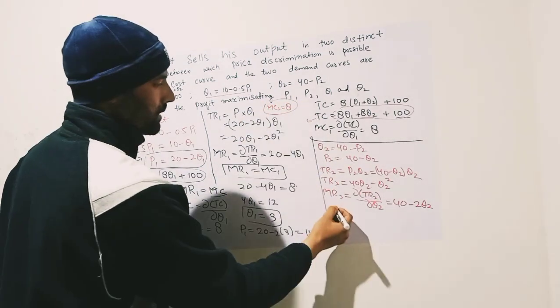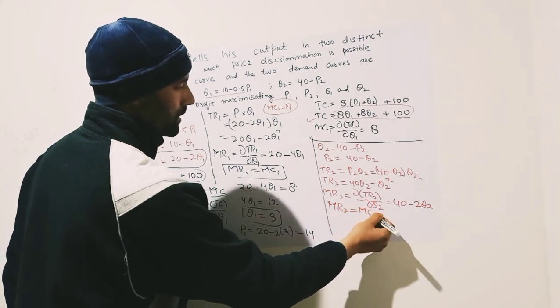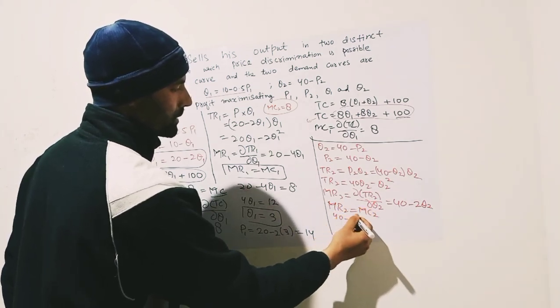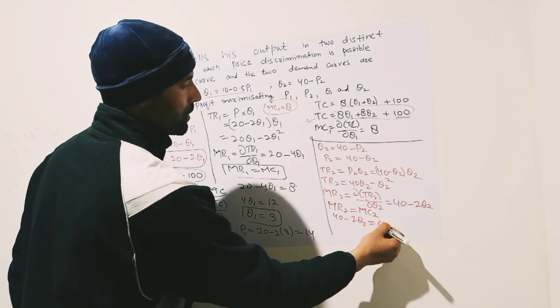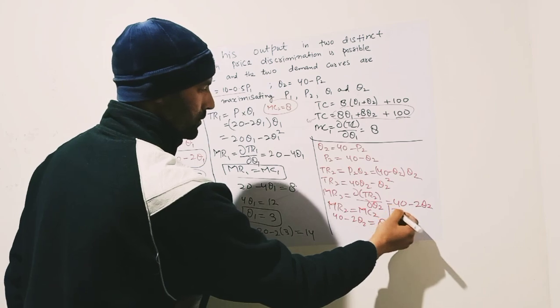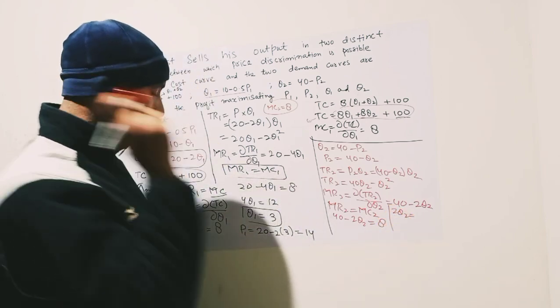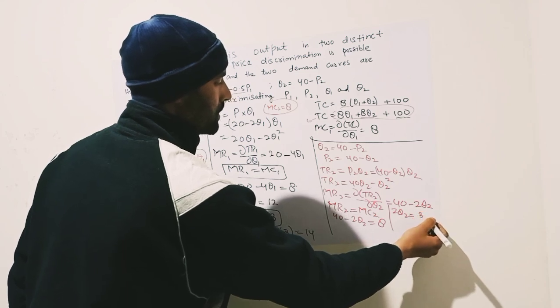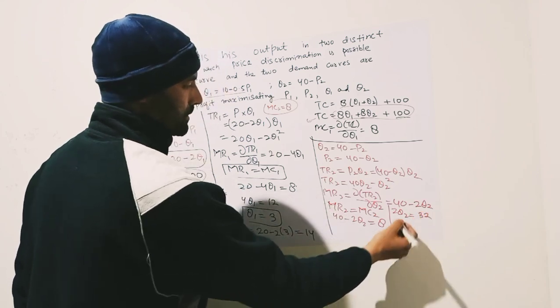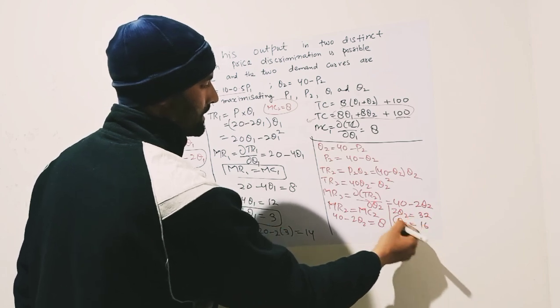Equating marginal revenue with marginal cost, that means 40 minus 2q2 will be equal to 8. Solving, we will get 2q2 equal to 40 minus 8, which comes out to be 32. That means q2 will be equal to 32 upon 2, which comes out to be 16.